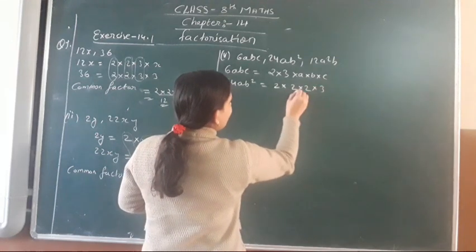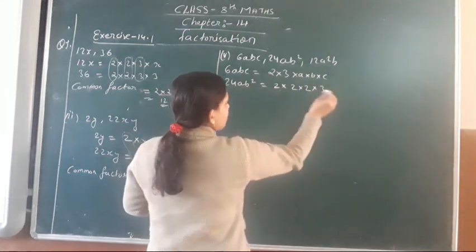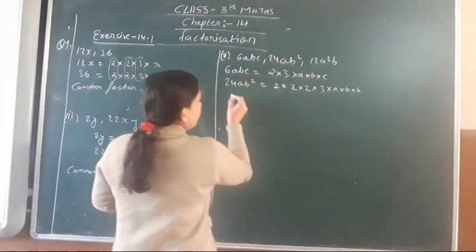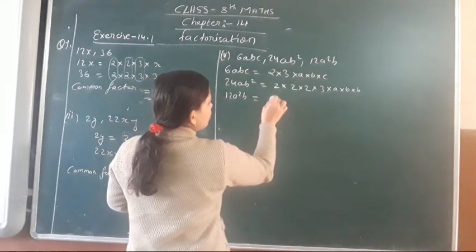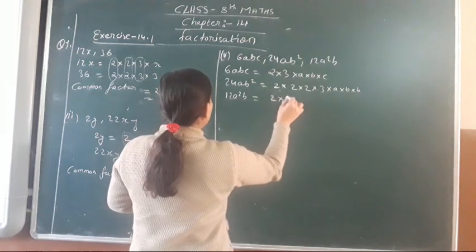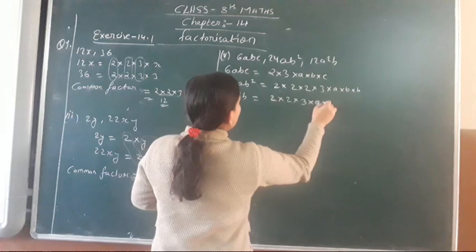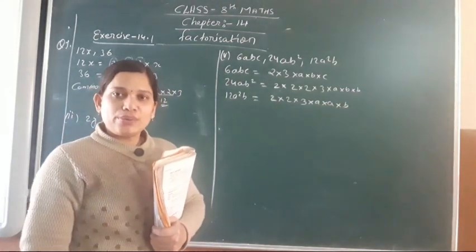So 2 into 2, 4, 4 into 2, 8, 8 into 3 is 24. b square is there, that means b into b. 12a square b is there, isn't it? So 12, that means 2 into 2 into 3, into a into a into b. As a square is there, that means it will be a into a.